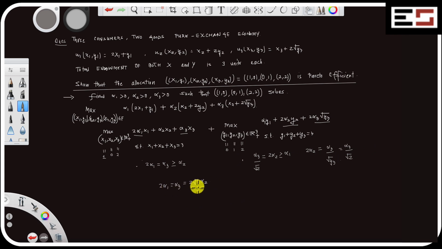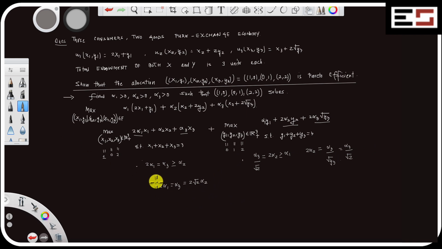Okay, so if I multiply both sides, I'll get 2 alpha 2 is equal to root 2 alpha 1, and therefore this inequality also holds, because 2 alpha 2 is equal to root 2 alpha 1, and therefore it is greater than or equal to alpha 1. So these two inequalities are just going to come for free.